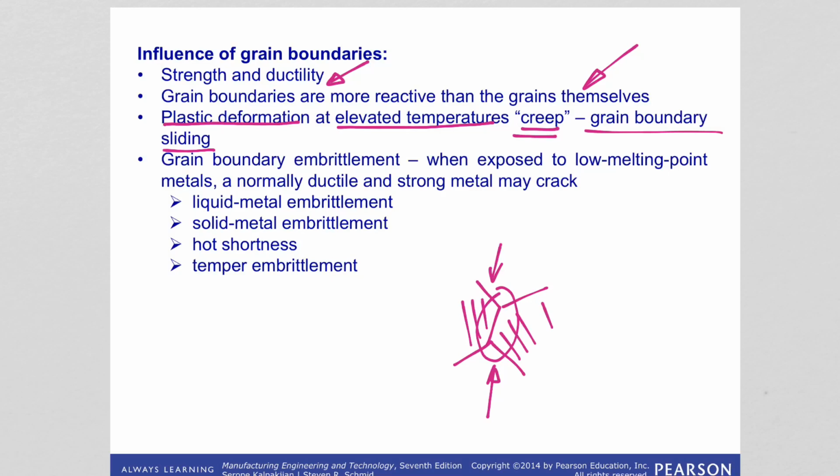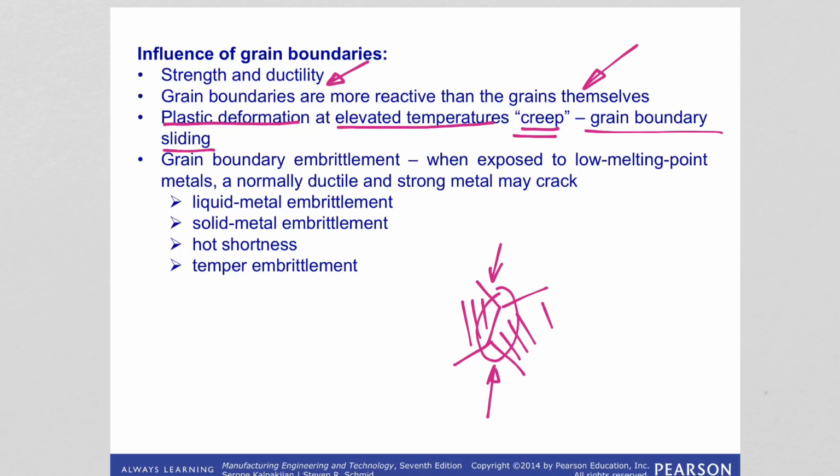Another important thing, grain boundary embrittlement. In this, when exposed to a low melting point metal, a normally ductile and strong metal may crack. These elements basically weaken the grain boundaries.